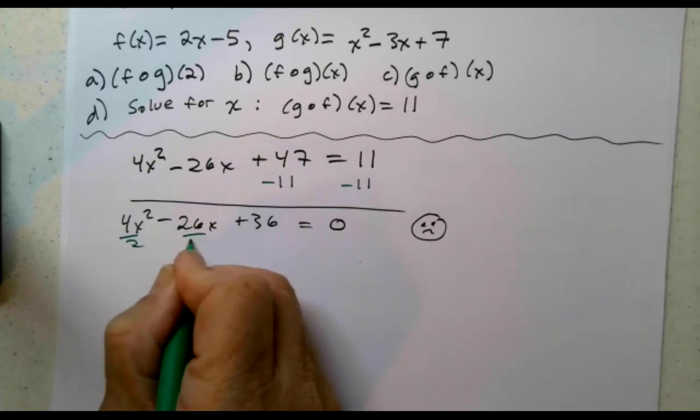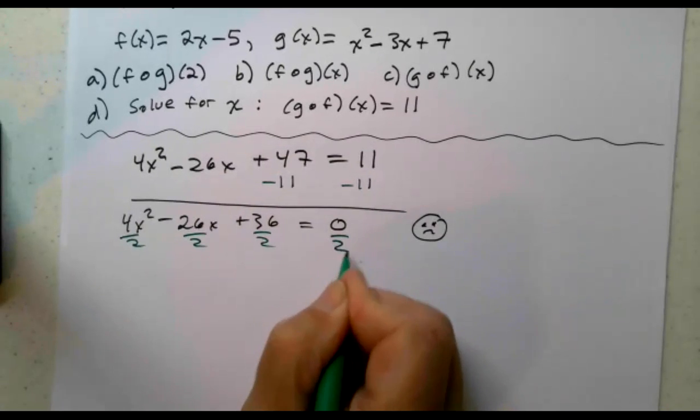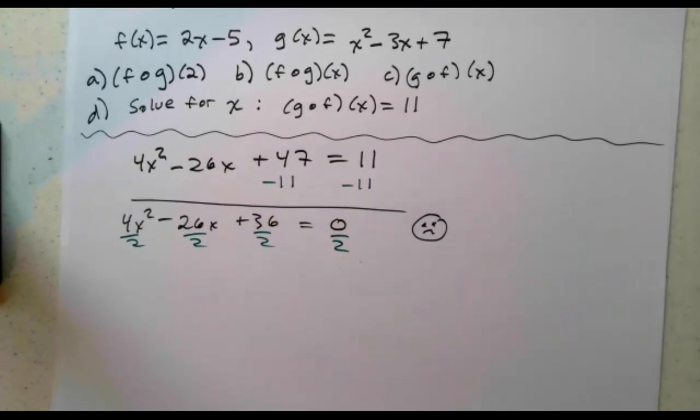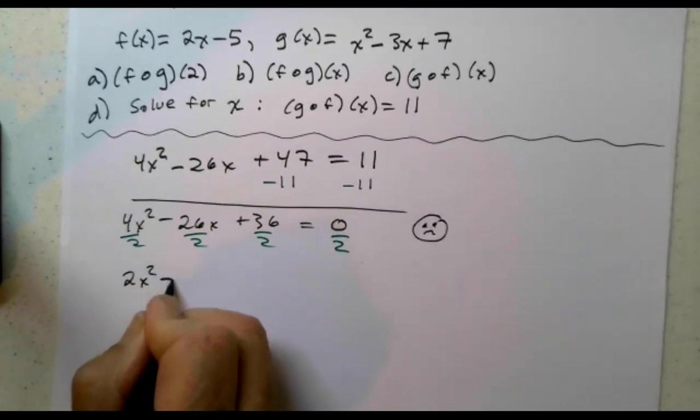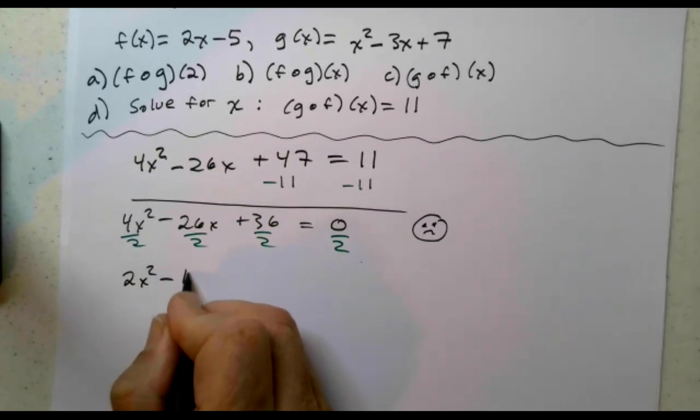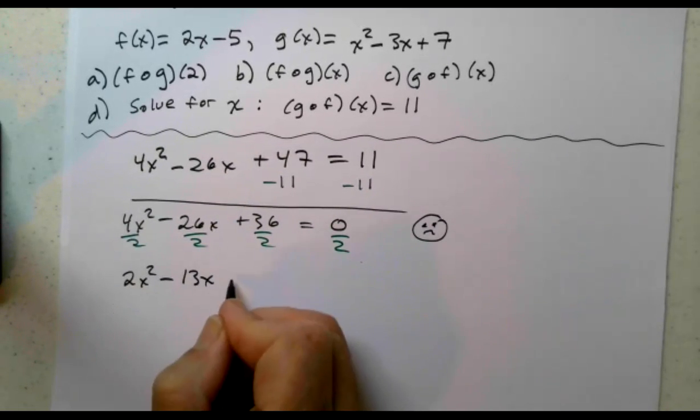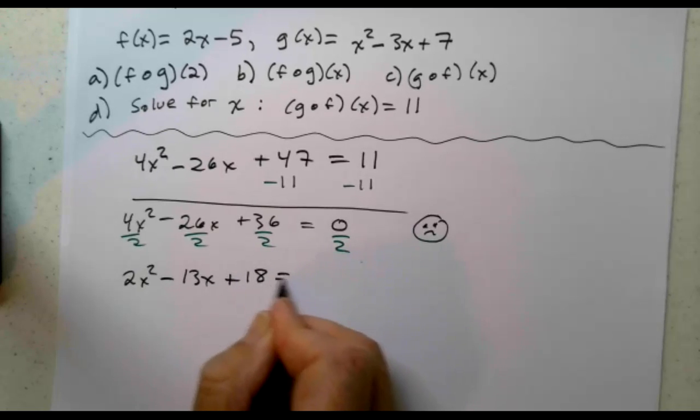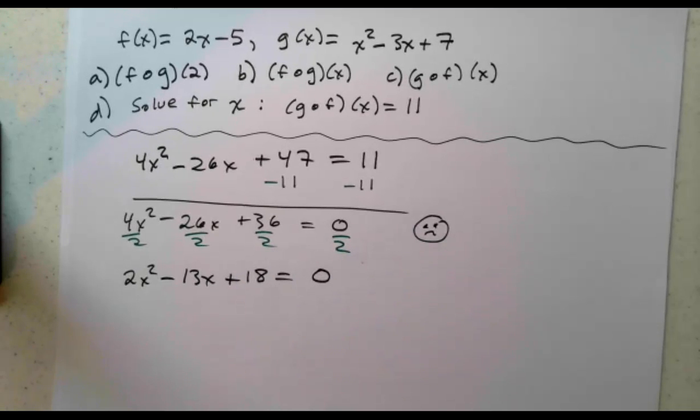Divide by 2, divide by 2, divide by 2, divide by 2. And the resulting equation becomes 2x squared minus 13x plus 18 equals 0.